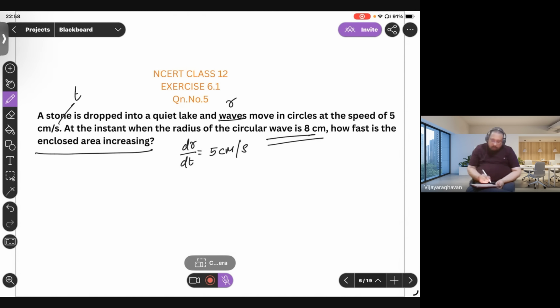Whenever time is involved, you have to find dA with respect to dt only. Fine. So, as usual, area of circle A equals pi r square, dA/dr equals 2 pi r, and we'll establish the chain rule. Time pushes radius, which pushes the area.